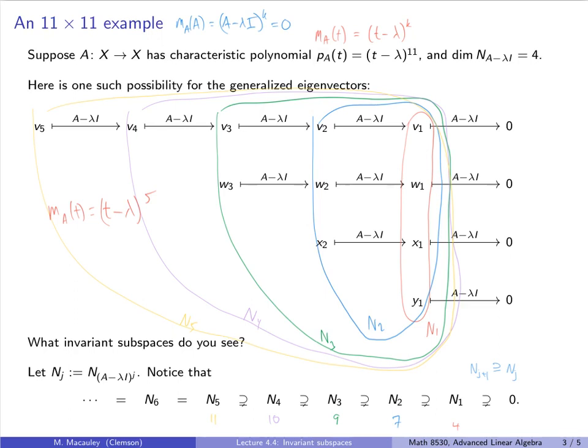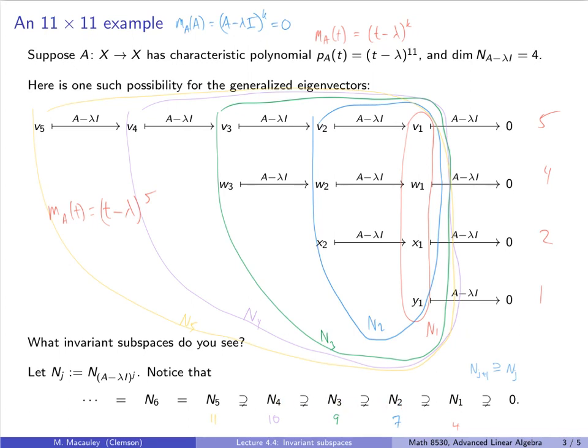Well, one way in this case is by saying this is length 5, this is length 4, this is length 2, and this has length 1. Sometimes these are called invariant factors. They're the sizes of these, I call them horizontal invariant subspaces, these chains of generalized eigenvectors. These numbers are also encoded via this sequence of the dimensions of N1, N2, N3, etc.